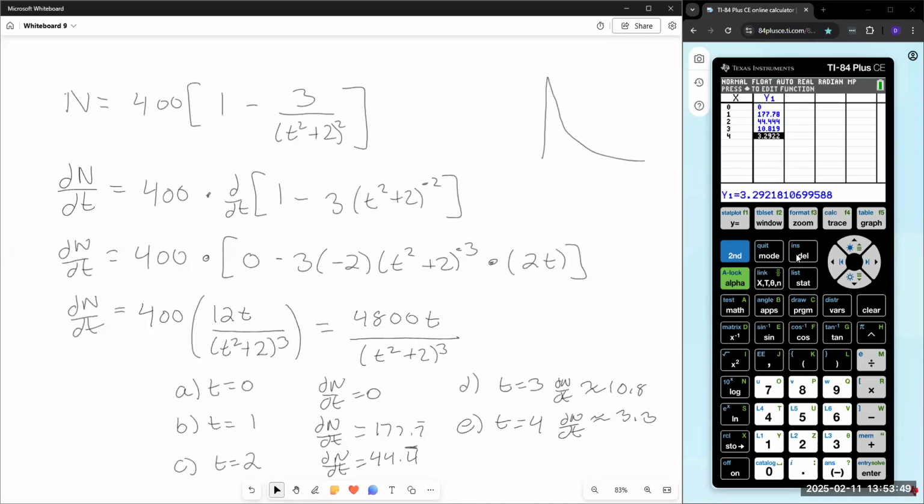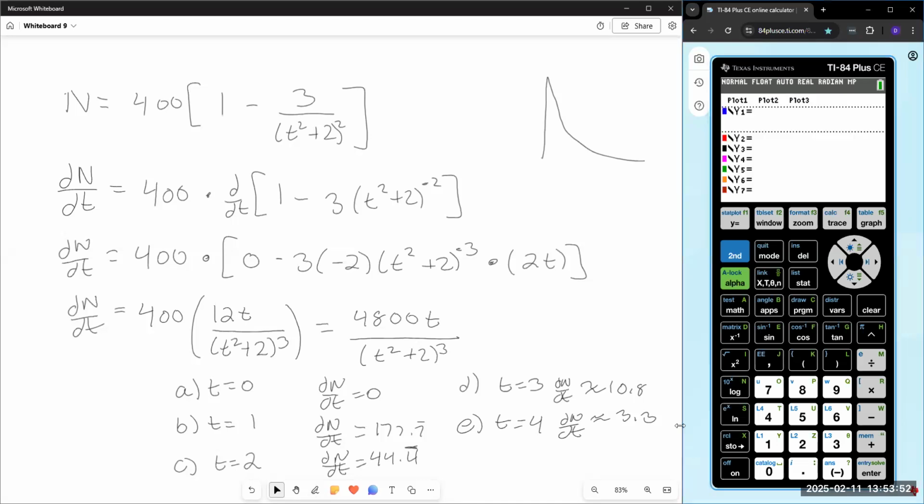And let's go back and see what the graph actually looks like. For y equals 400 times (1 minus 3 over (x squared plus 2) quantity squared), close that parenthesis. Let's look at this graph.